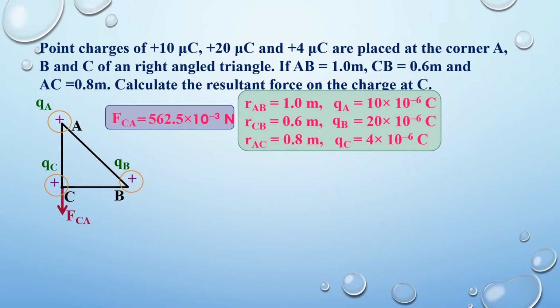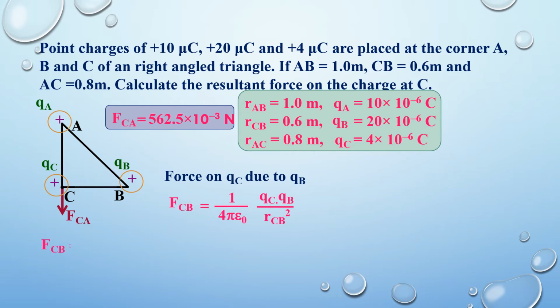Now let us find what should be the force on C due to B. So the force between C and B, again with the help of Coulomb's law, I can write 1 upon 4 pi epsilon naught QC into QB upon square of the distance between the 2 points, where you get FCB is equal to 9 into 10 to the power of 9 into 4 into 10 to the power of minus 6 into 20 into 10 to the power of minus 6 upon square of the distance between the two charges, which happens to be 0.6 the whole square.